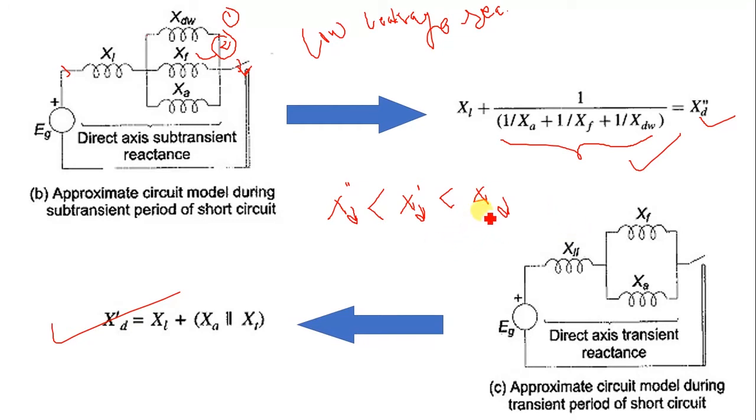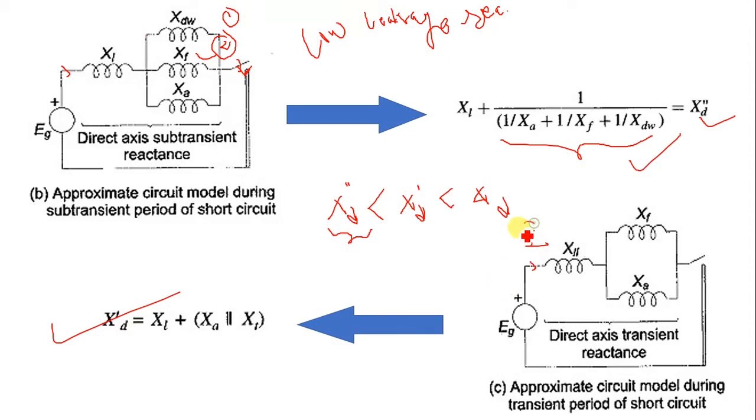So this machine thus offers a time varying reactance which changes from XD double dash to XD dash and finally XD. Okay, so in the next slide we are going to find out how your XD dash and XD double dash vary, and if our reactance varies, then the current I is also going to vary.